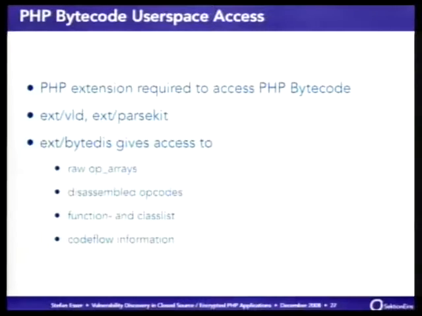First of all, like I said, you need some way to access the bytecode from within PHP. A PHP application cannot access the bytecode directly. This is different maybe in other languages, but in PHP there's no way to get to the bytecode from within PHP without using some internal memory corruption or some overflow. Within the PHP world, there are 2 extensions that give you access to the bytecode.